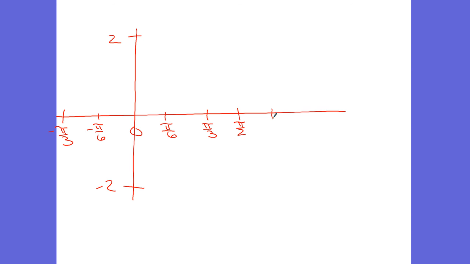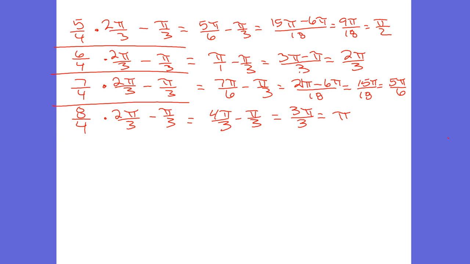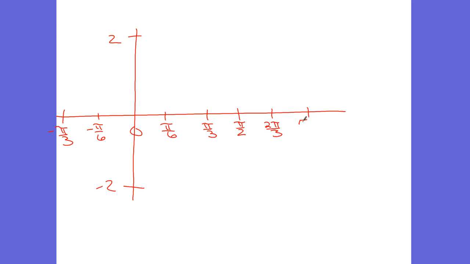What comes after that? 2 pi over 3. After 2 pi over 3 comes 5 pi over 6, right? So 5 pi over 6, and my last piece is going to be pi.